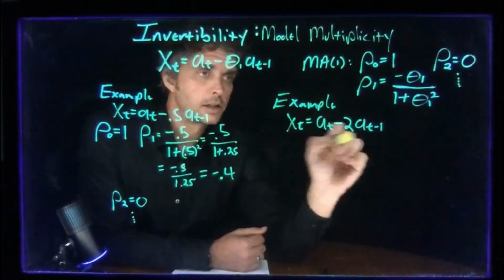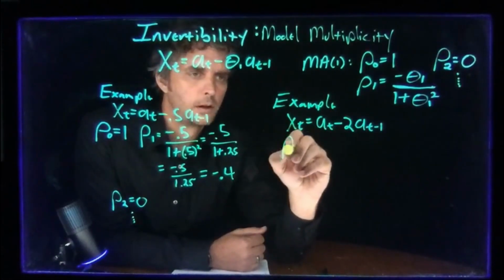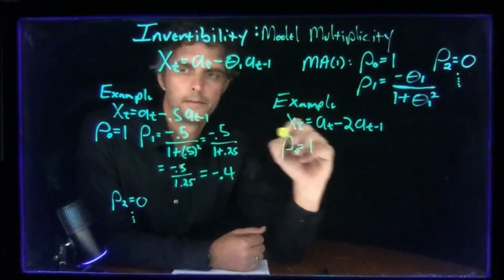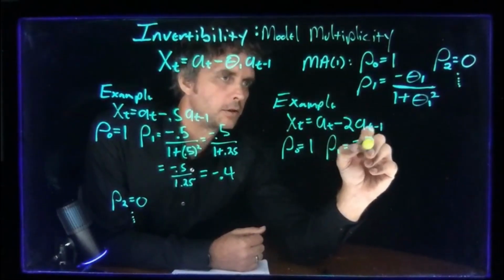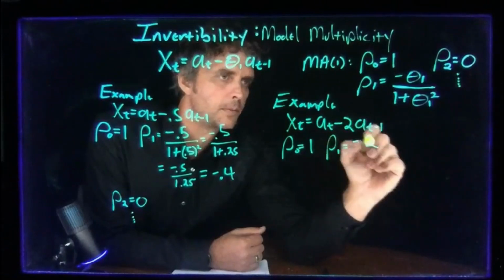Now let's look at the correlation structure of this other MA1. We'll have rho naught equals 1, okay? We've got rho 1 equals, now that's negative 2, because theta 1 here is 2.